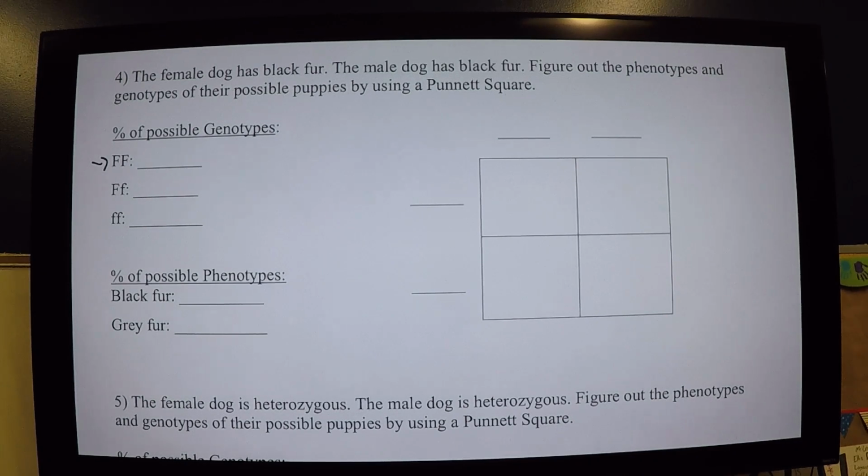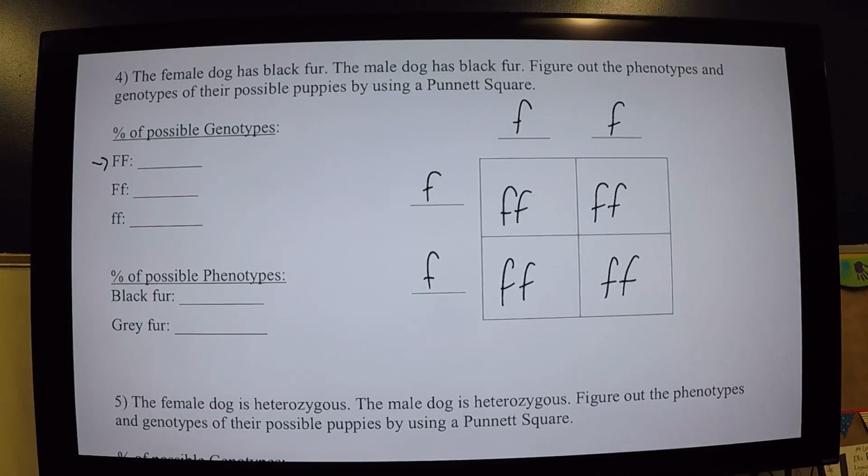So we know it's going to be F. We've got a female dog with black fur, which is recessive, so that's little f, and earlier the black was recessive, so the male would also be little f. In this case, you're probably thinking, why even solve it? You know it's going to be all the same, and you would be correct.